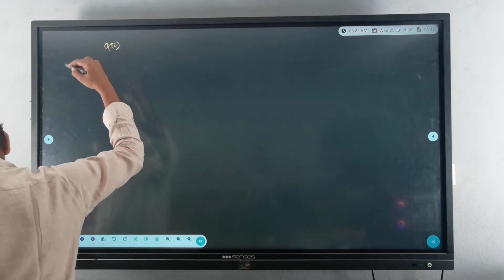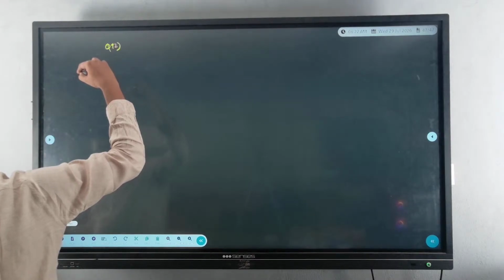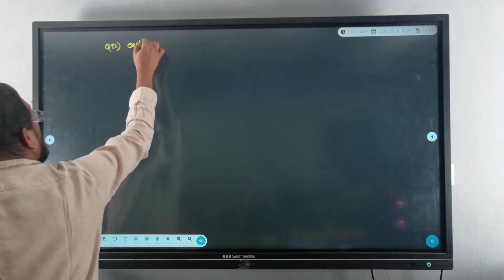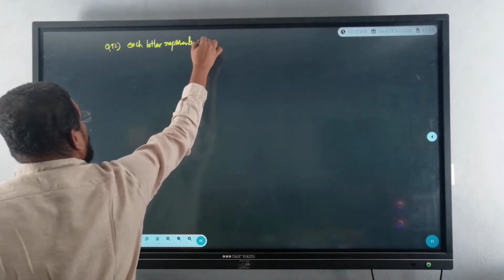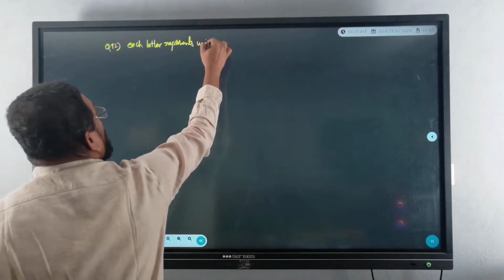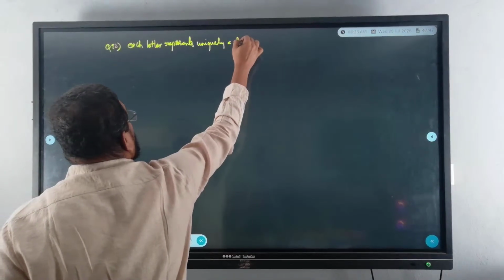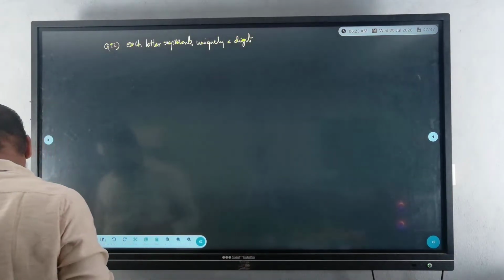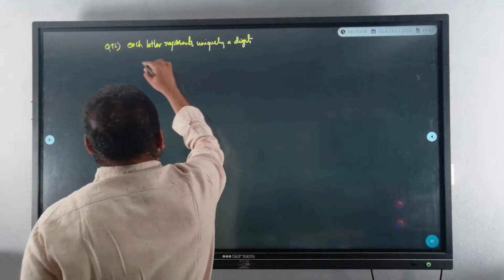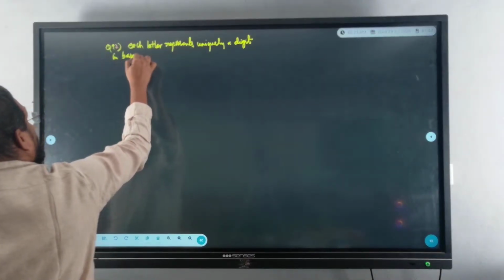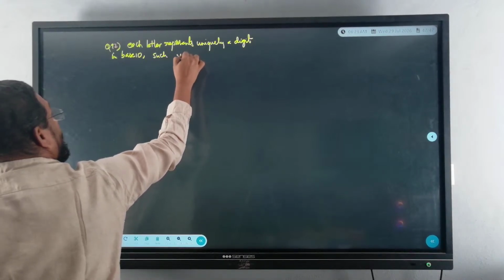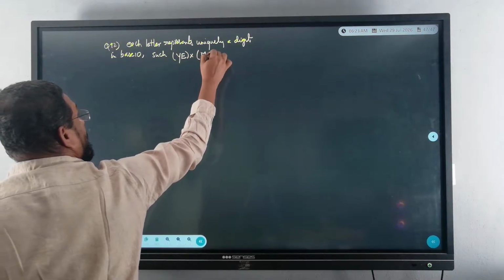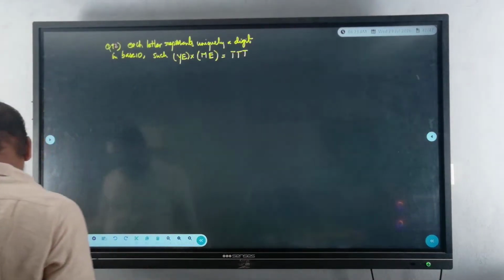So question number 92. In the following equation, each letter represents uniquely a different digit in base 10, such that YE into ME is equal to TTT.